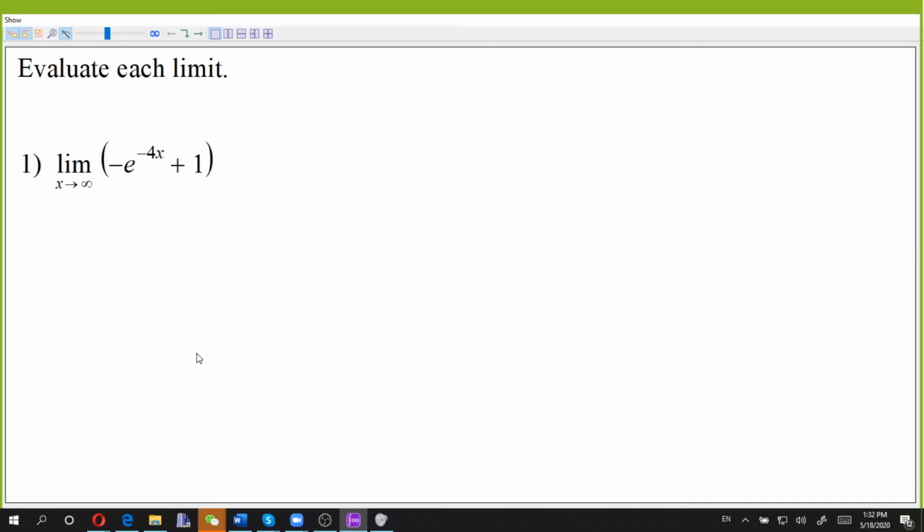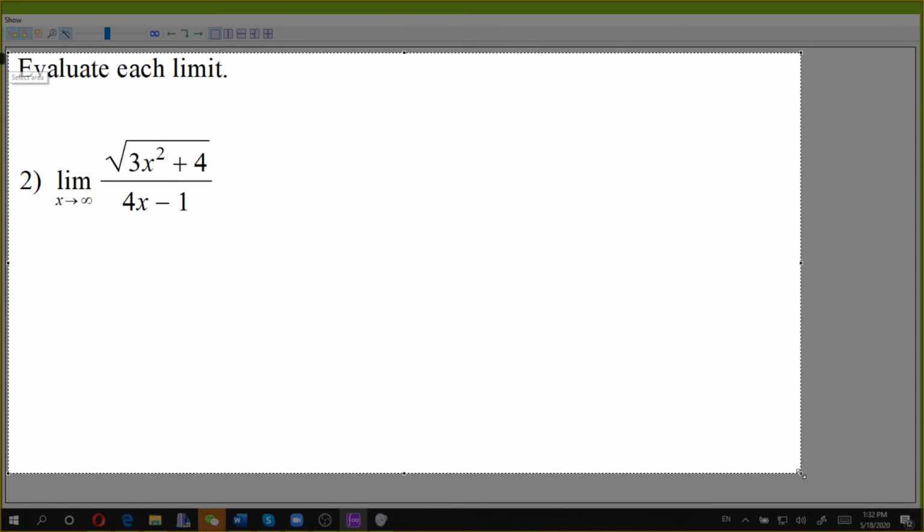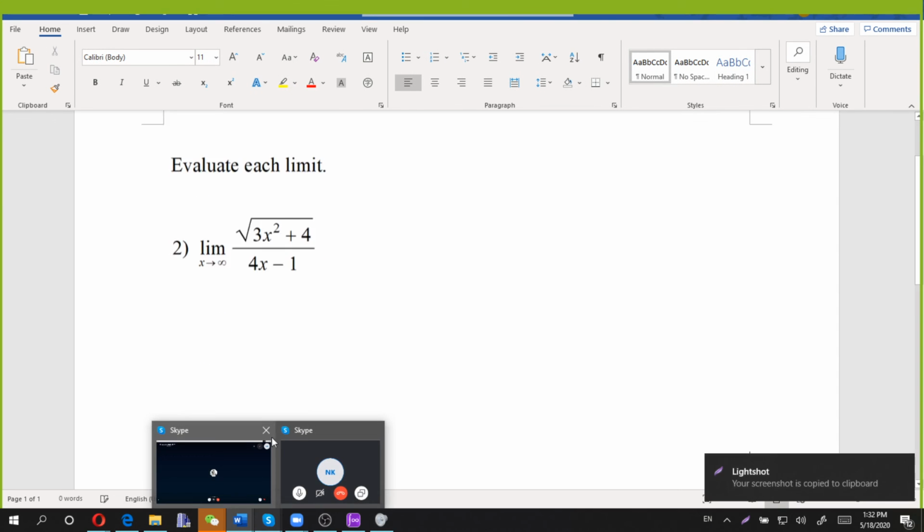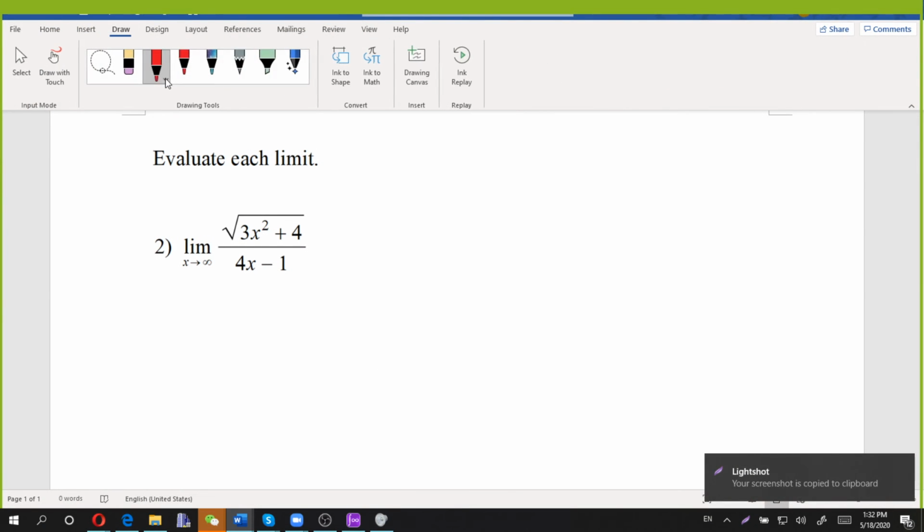I'll see if I can find another example that we can use from these other questions really quick. Okay, so this one, for instance, normally the way I would solve this is using our shortcut rules for limits approaching infinity or negative infinity. So for this one, that would mean something like this.